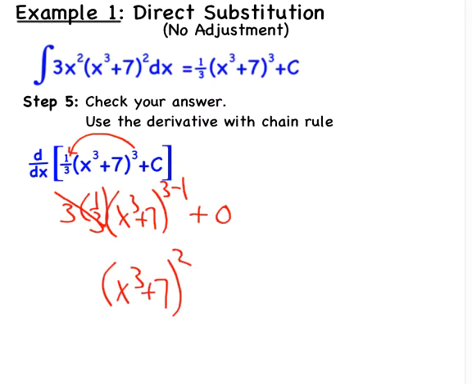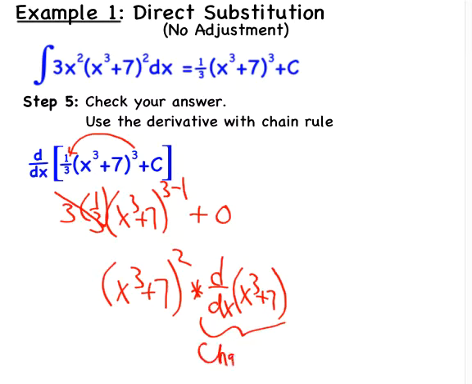This is the outside derivative. And now we want to multiply it by the derivative of the inside. This is the chain rule. And the derivative of x cubed plus 7 is 3x squared.